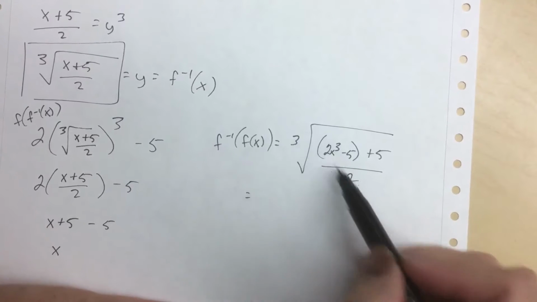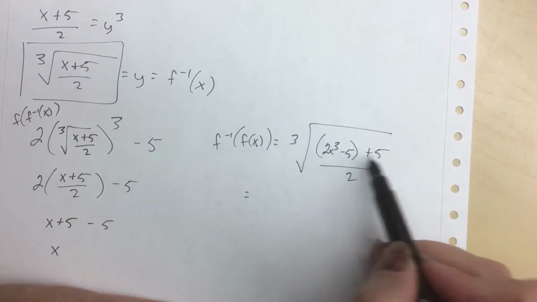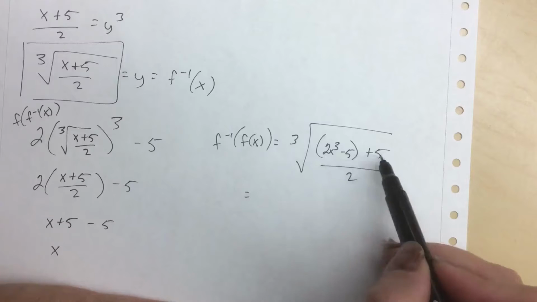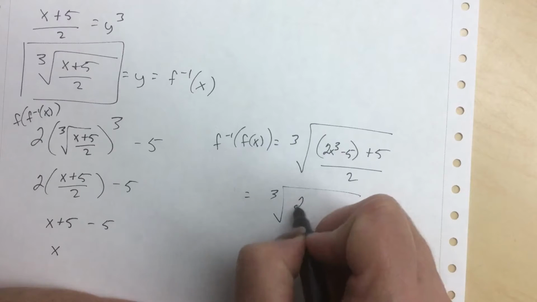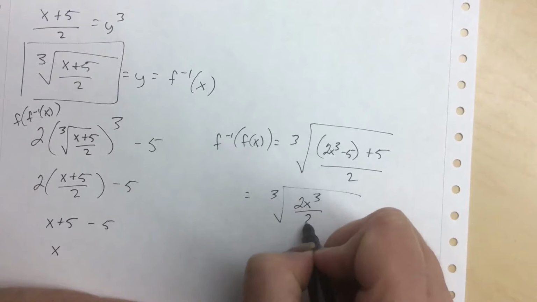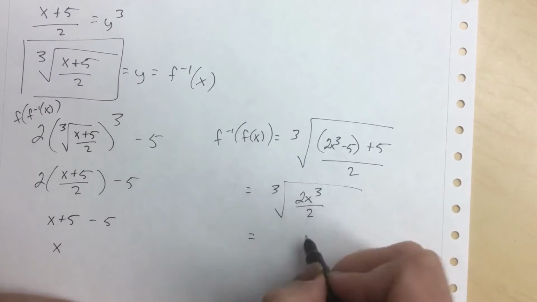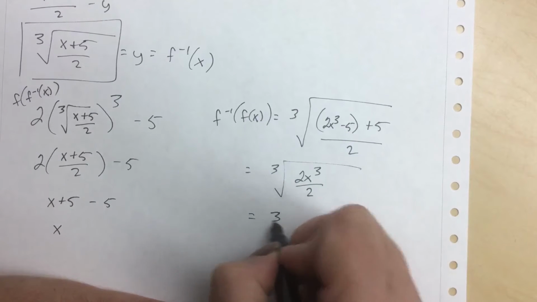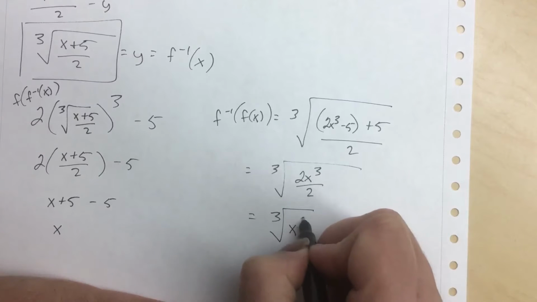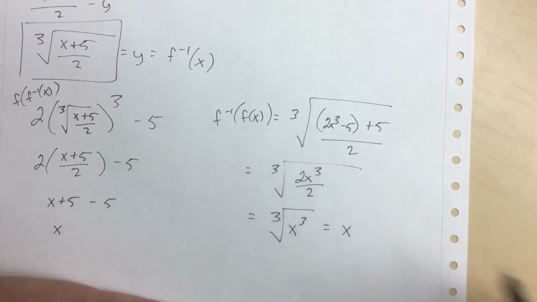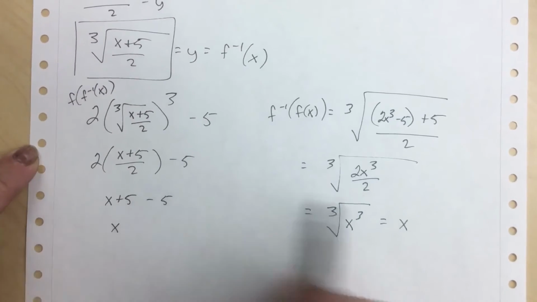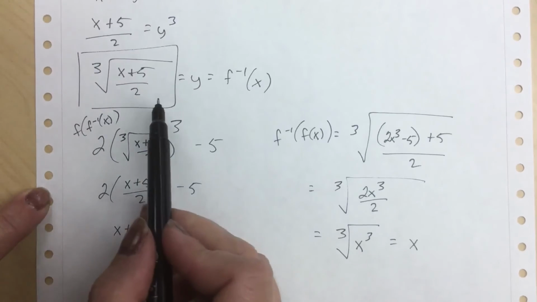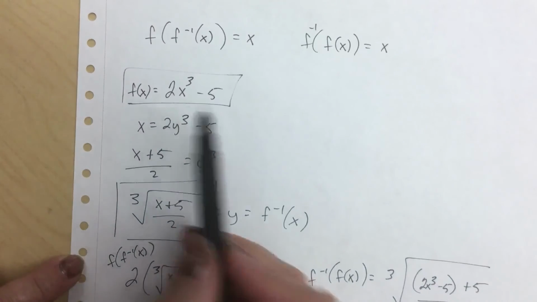I can't cancel this division out until I get rid of my 5. So negative 5 plus 5 is 0. So that becomes the cube root of 2x cubed over 2. Then my 2's are the next thing to cancel out. So I'm left with the cube root of x cubed, and that equals x. So all of this work is you showing that this truly is the inverse of that.